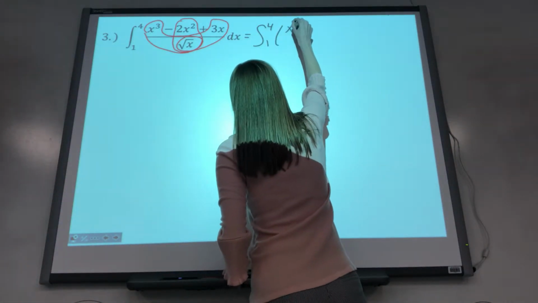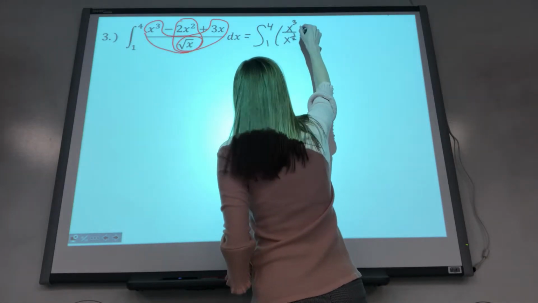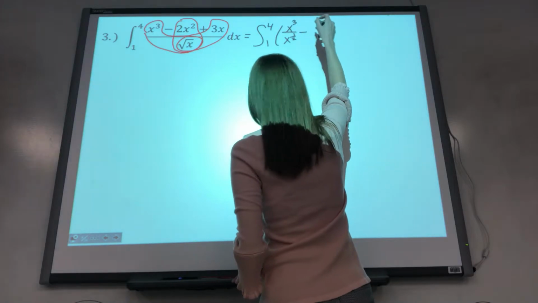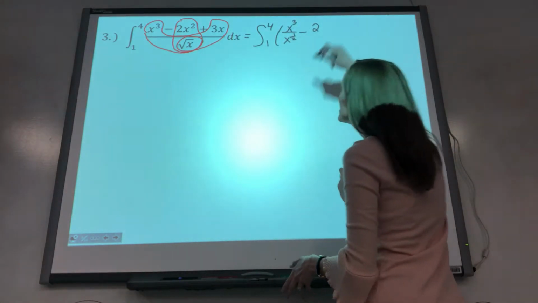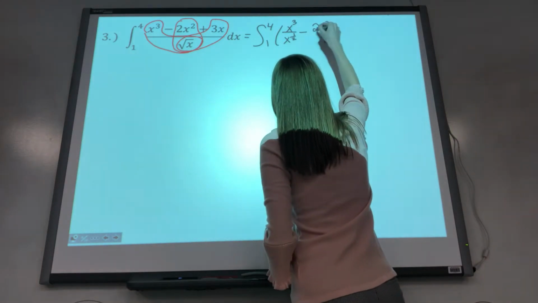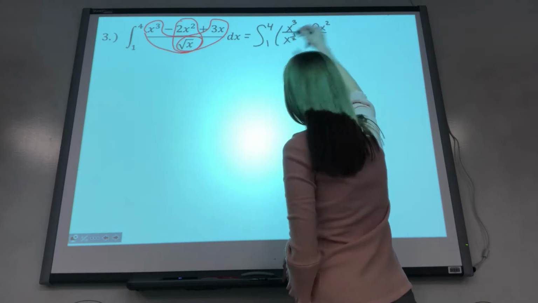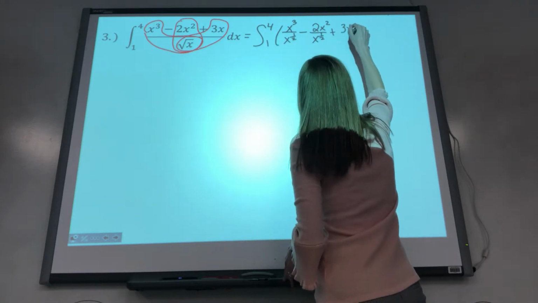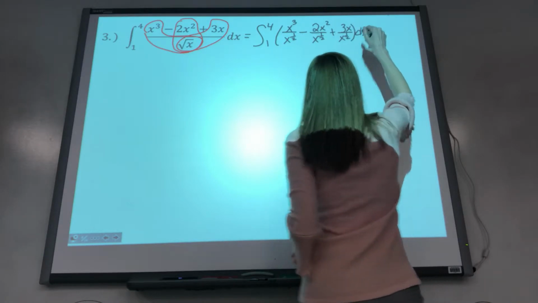So x cubed divided by x to the 1/2 minus, let me go ahead and just leave the 2 on top for a second. That'll be 2x squared over x to the 1/2 plus 3x over x to the 1/2.